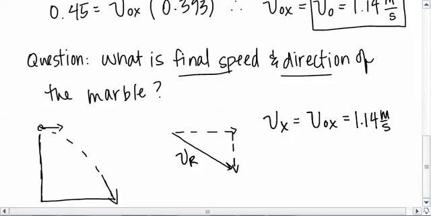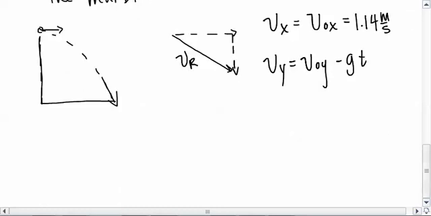Now I need to find the final velocity in the y direction. There's a couple of ways I can solve that, but I think the easiest way is to use Vy equals V naught y minus gt. What is the initial velocity in the y direction for this horizontal launch? 0. Minus, we're still using our approximation of 10.